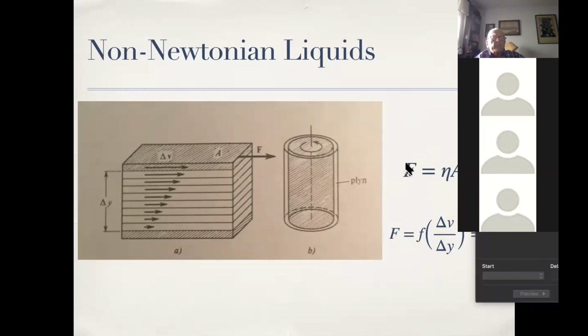So that was the viscosity definition. But there are materials called non-Newtonian liquids, for which the same relation is not so simple. It's not linear. There is a certain function which relates that force to the rate of deformation. Materials for which this relation does not apply are called non-Newtonian liquids.